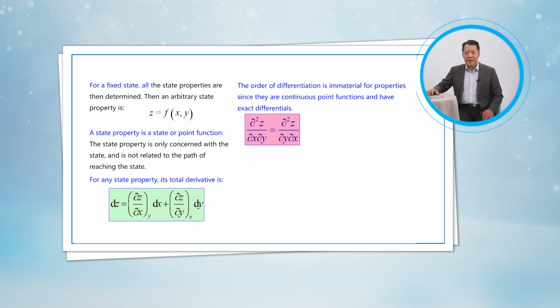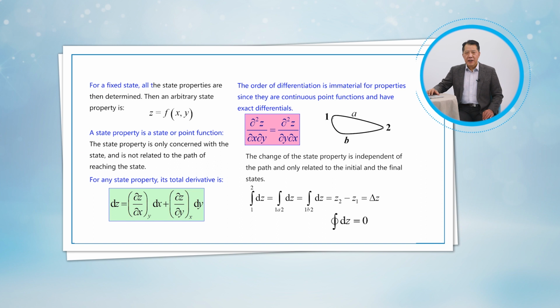In thermodynamics, this relation forms the basis for the development of the Maxwell relations discussed later. The change of the state property is independent of the path and only related to the initial and the final states.